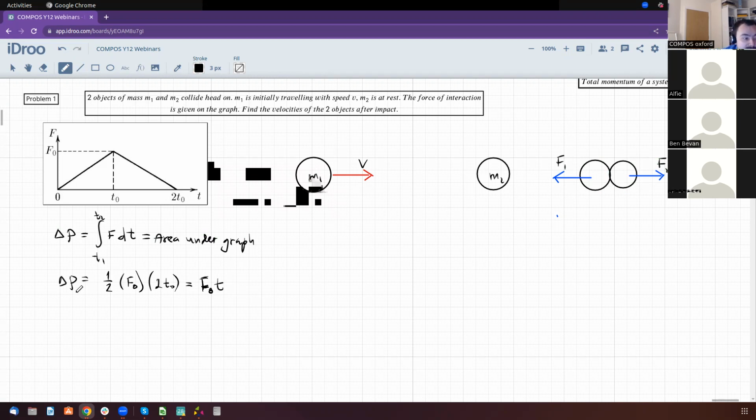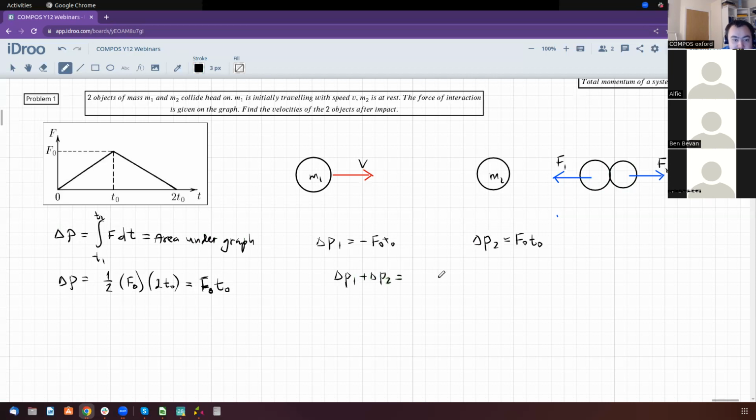So the force on M1, the delta P1, the change in momentum of the first object, is going to be minus F0 T0. And the change in momentum of the second object, because the force is to the right, and it's the same force for the same time, is going to be F0 T0. And we can see that delta P1 plus delta P2 is equal to minus F0 T0 plus F0 T0, which is 0. So 0 total change in momentum.